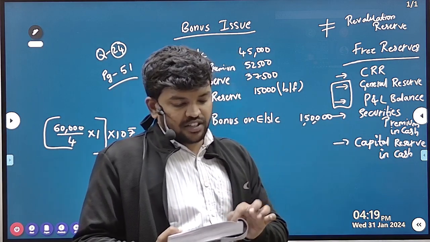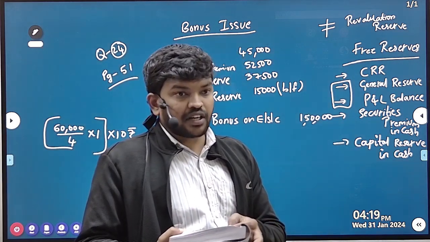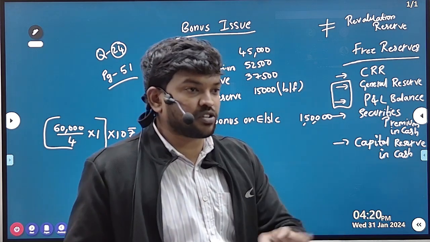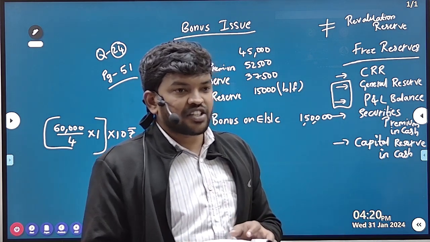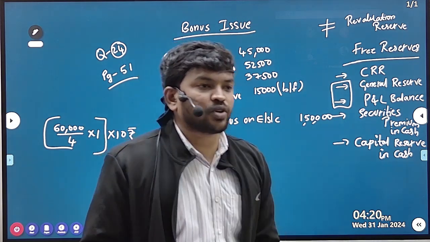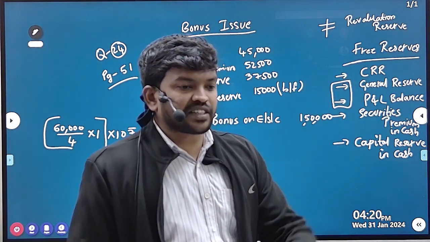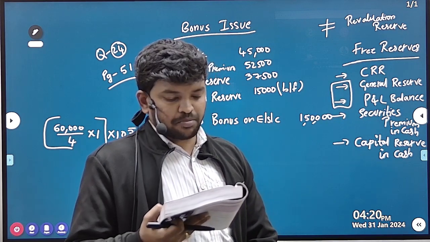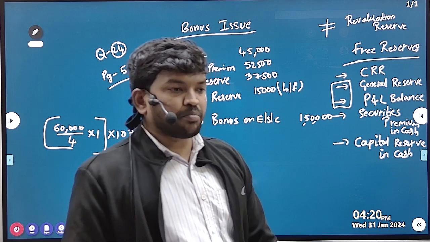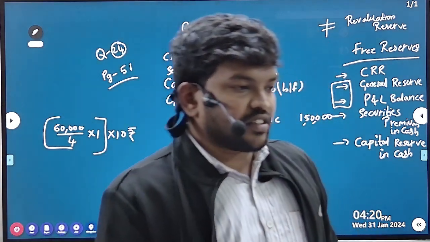You can get this question for 4 marks also. Very, very important question. Section 52 of Companies Act. Securities premium, for what purposes you can apply. Okay, mark this question. Page number 13, securities premium, for what purposes you can utilize. This is a very important question.